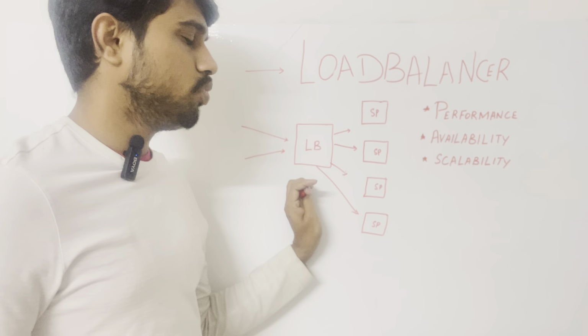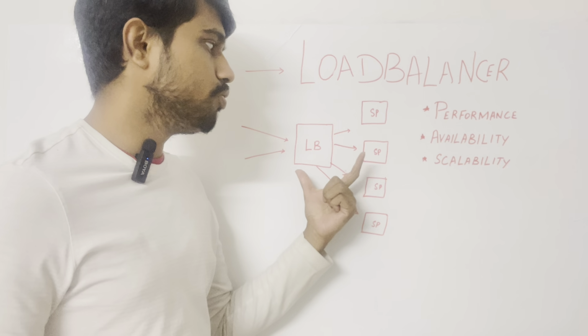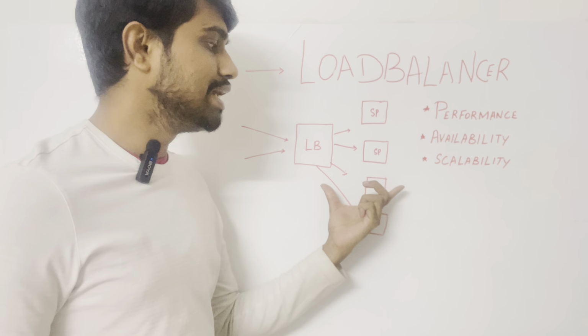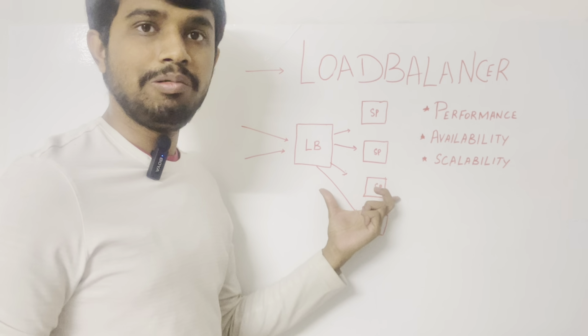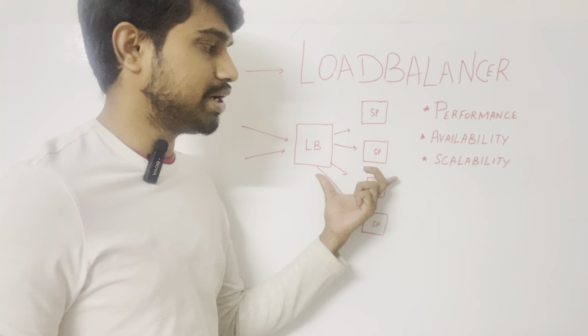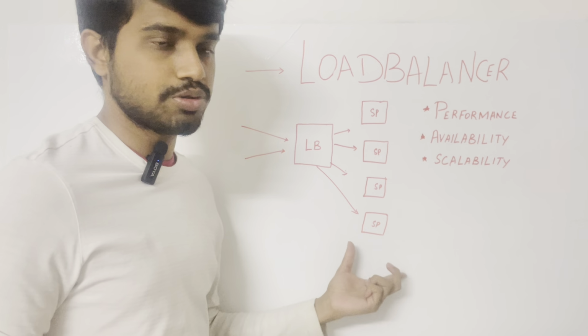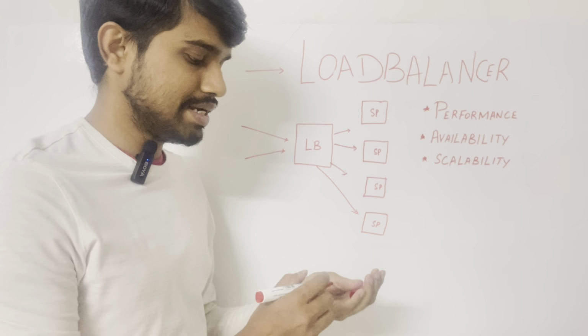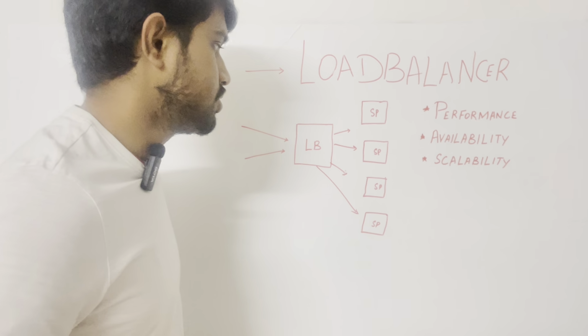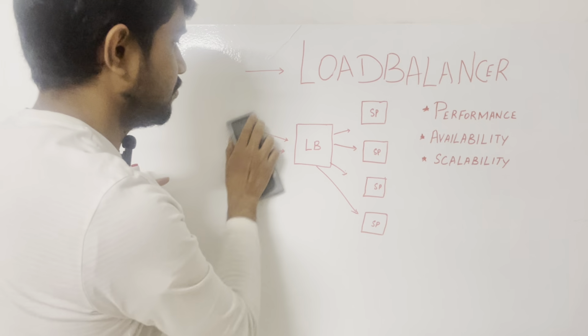So now let's not go very deep into it, just understand simple ways on how it distributes the load, right? So we are calculating here that 50,000, 50,000, 50,000, 50,000. So how does it do that? Let's take a few simple ways.